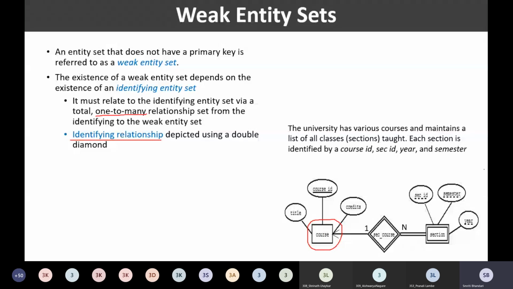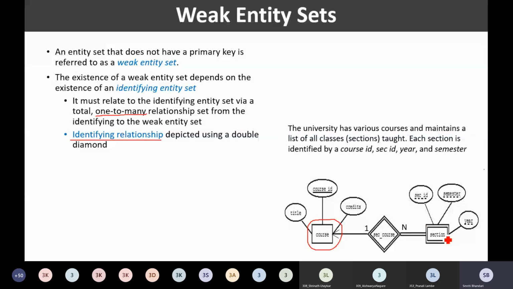Also, one more important concept that we may note here is the weak entity set is always having total participation in the identifying relationship set, and the reason is the section here in this situation, this weak entity set is existence dependent on the corresponding identifying entity set.